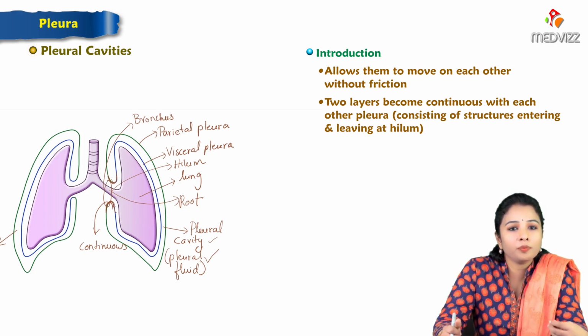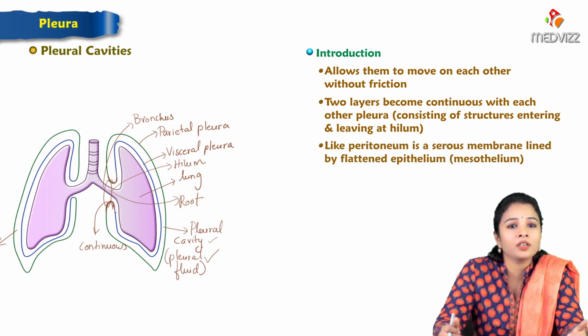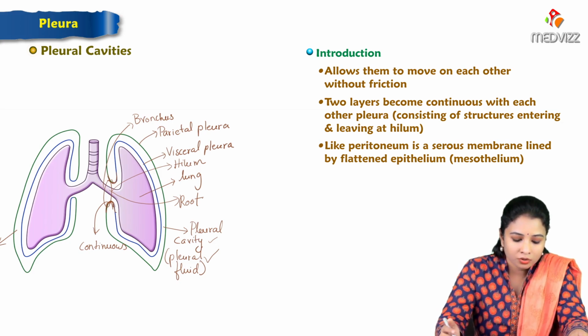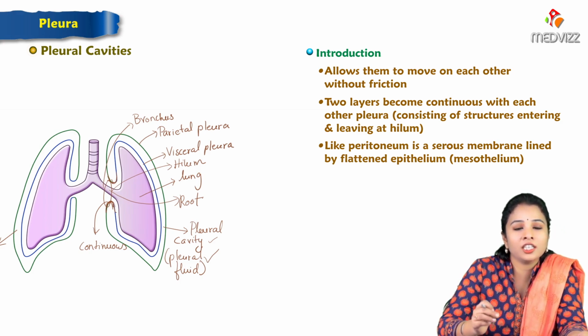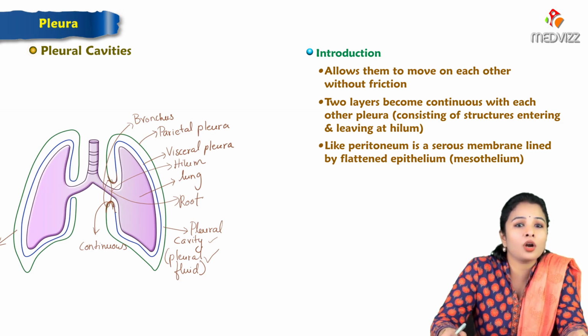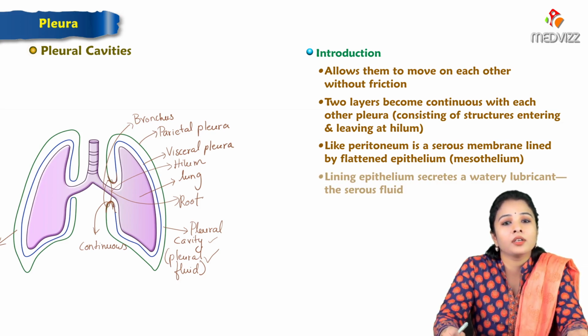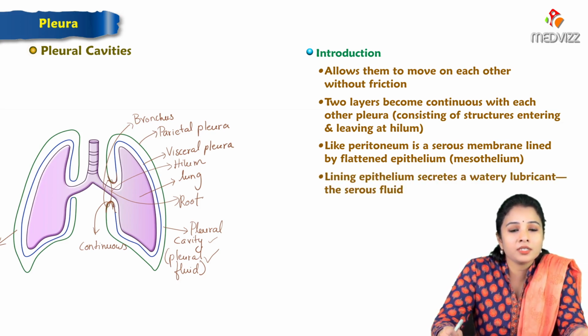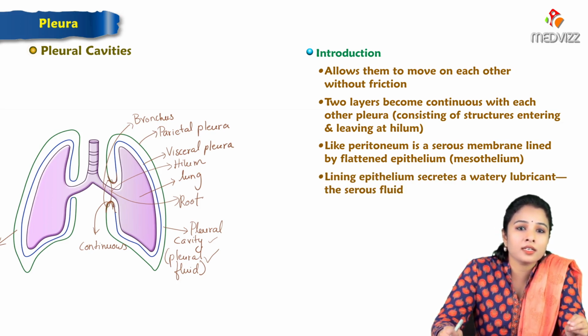Talking about the pleura now, it is like peritoneum. It is a serous membrane and it is lined by flattened epithelium. Histologically, it is lined by simple squamous epithelium which is called mesothelium. The lining epithelium secretes a watery lubricant which is called serous fluid.